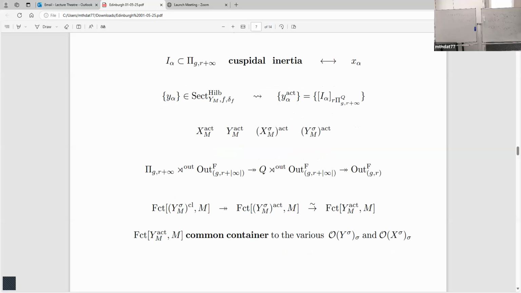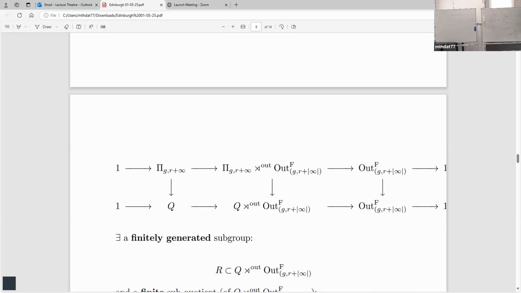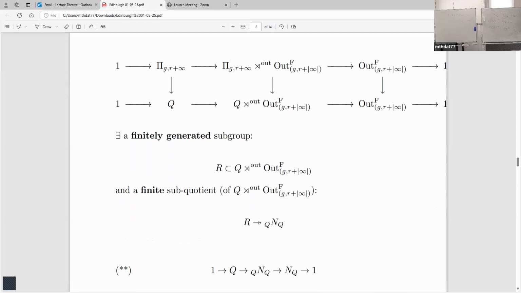This single function space plays the role of a common container to these various OY sigma and OX sigma. It's inside this that we want to compare this. And of course, remember, we want an action of out F, or out F semidirect product with Q, on this single function space. That's quite important because we want to use this group action to compare these labeled objects.